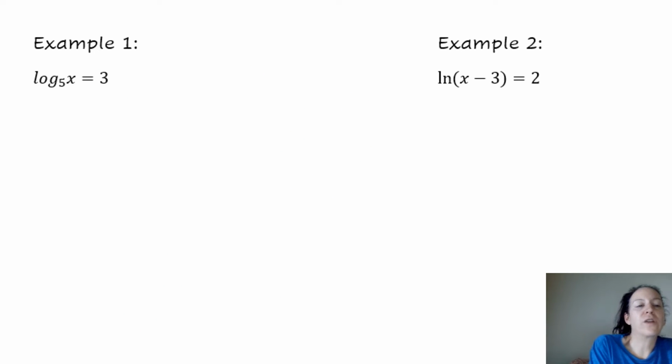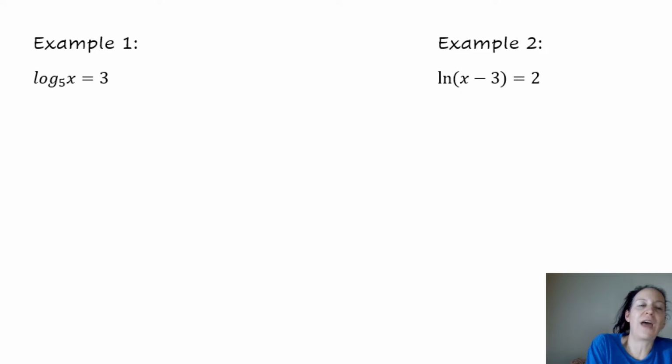Okay, so here's our first example. Log base 5 of x equals 3. Make sure you are saying that correctly. That's a question on your home test, and I've graded one of them so far, and we didn't quite get it right. So log base 5 of x equals 3.